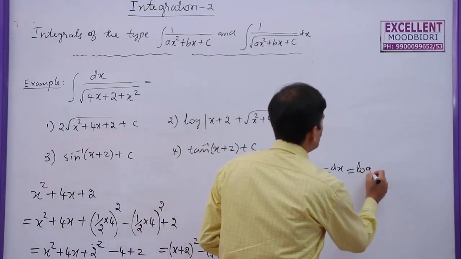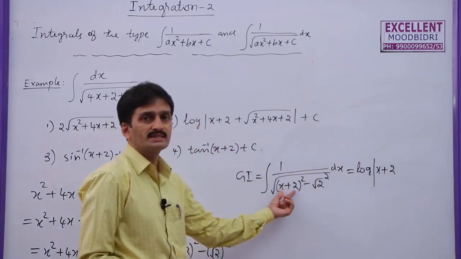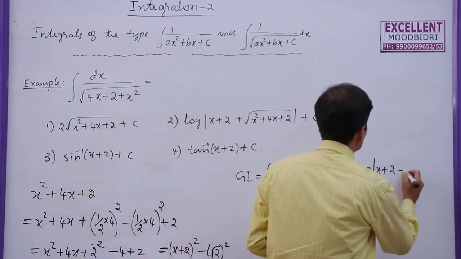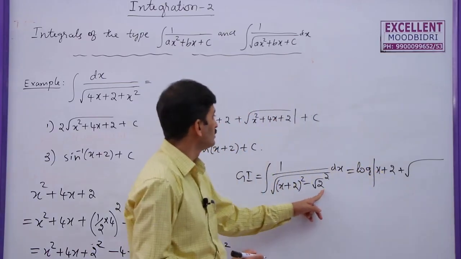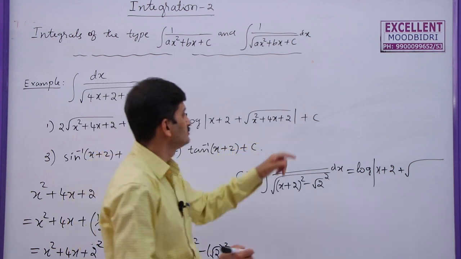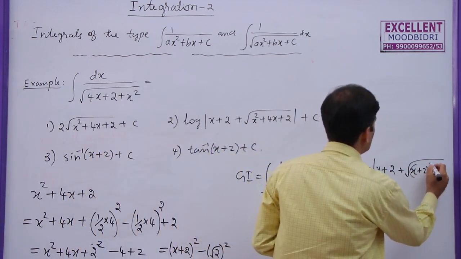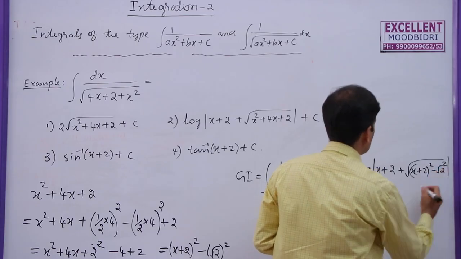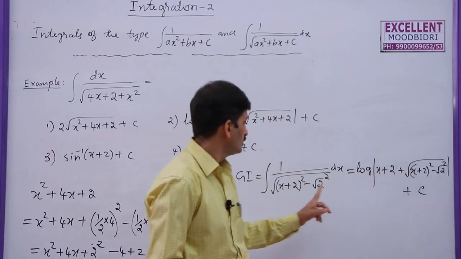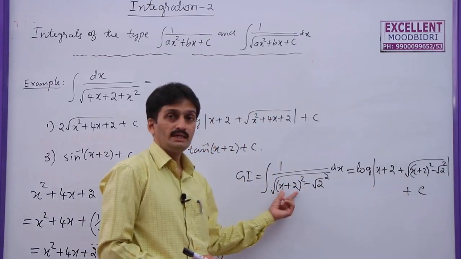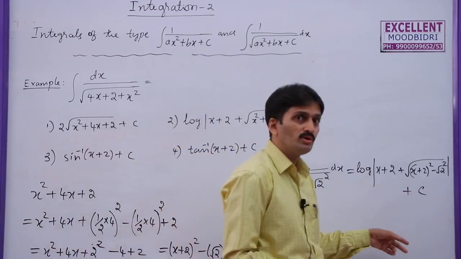Log of mod x plus 2, in place of x write x plus 2, plus root of x plus 2 whole square minus root 2 square, but that is equal to x square plus 4x plus 2, plus c. And actually the whole thing is divided by 1 because this is the generalized term ax plus b, but here a equals 1, so whole divide by 1 means you can ignore.